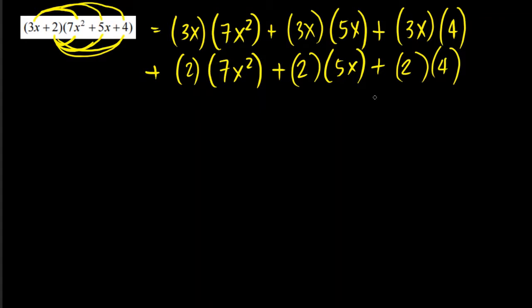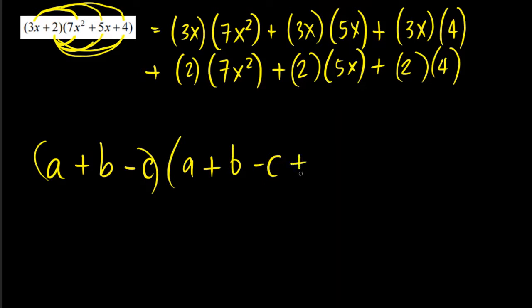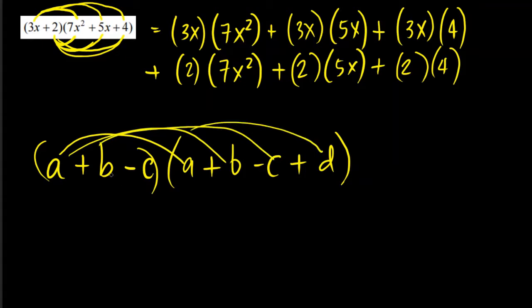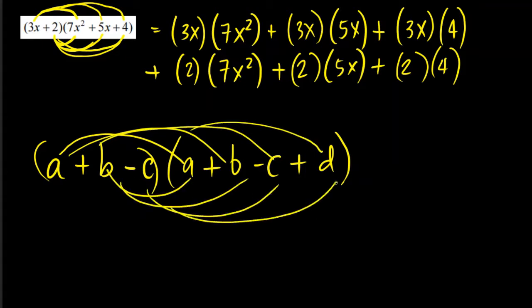Example lang again. So, a plus b minus c, dason, a plus b minus c plus d. So, ang a, distribute mo dito sa 4. So, si b, distribute naman sa 4. So, si c naman, amo na siya matabo.